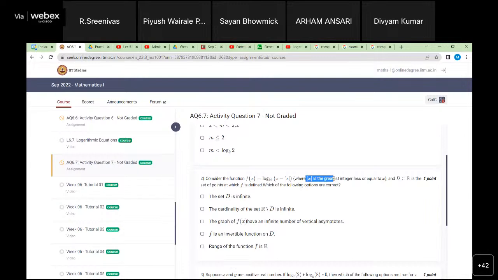Just taking the integer part, ignoring the fractional part. Okay, so if I say 4.666, then what will the greatest integer be? 4. Right? Say for example, let's take x equals 4.66 only.